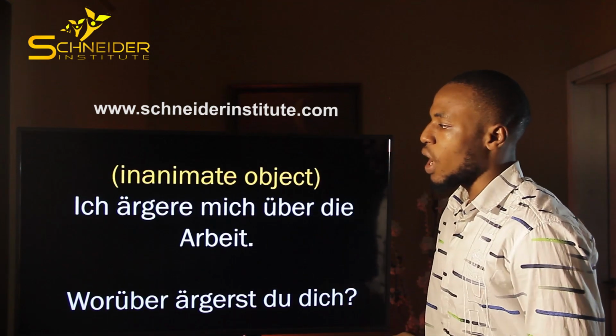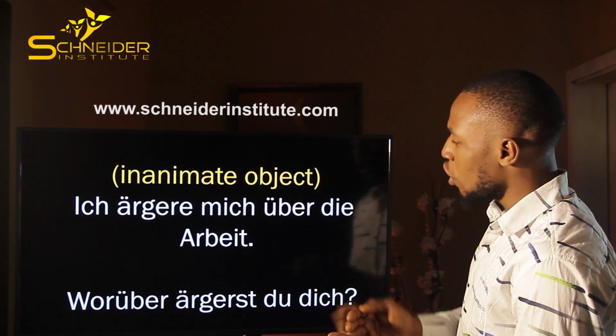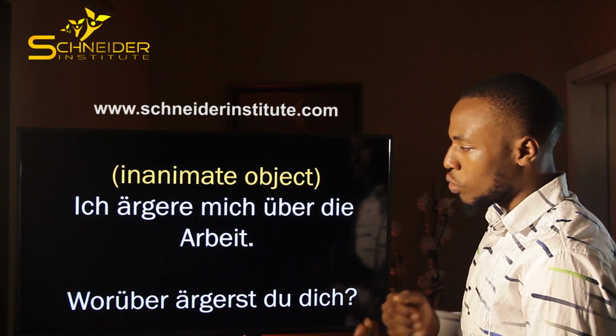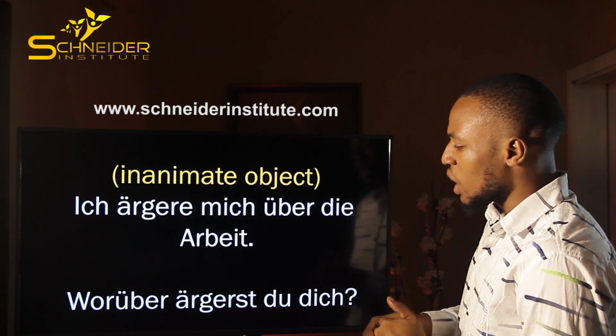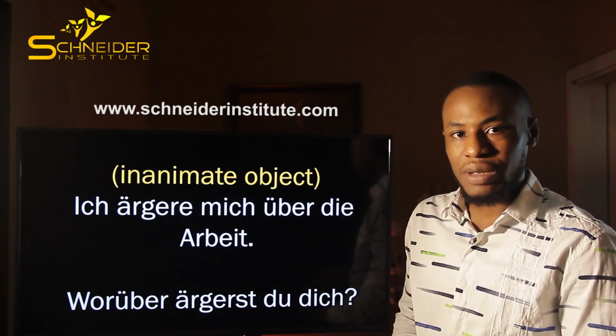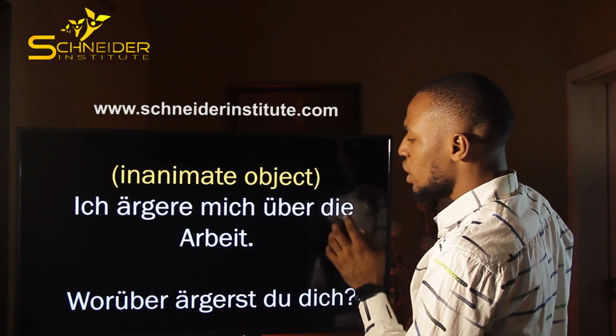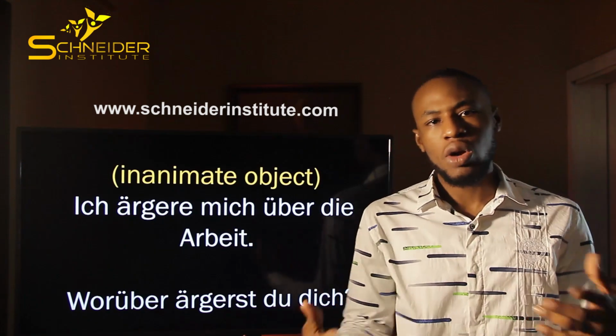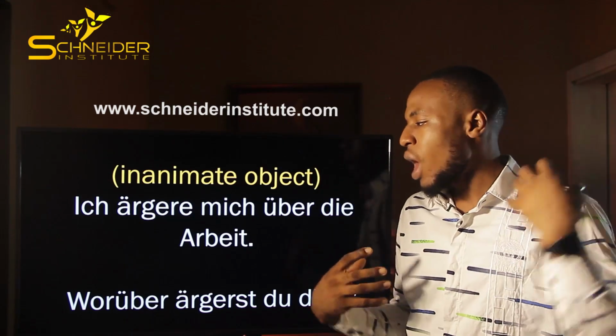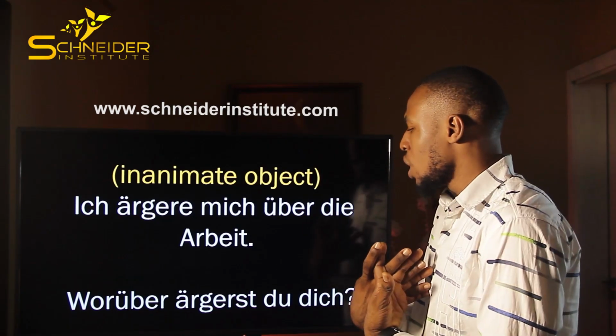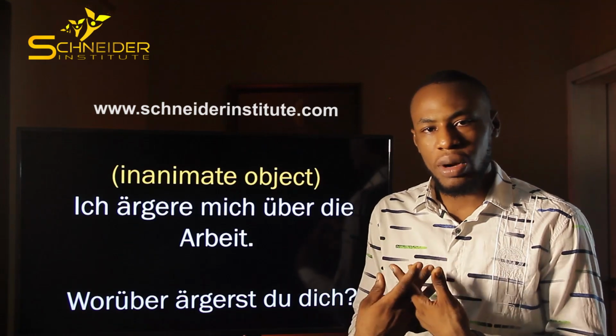Now the next slide we have is for an inanimate object, and in this case, we're looking at the question with the inanimate object. Here it says, Ich ärgere mich über die Arbeit. I'm talking to my colleague, I'm like, oh, I am angry about the work.